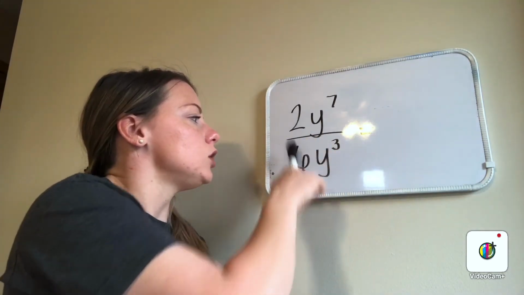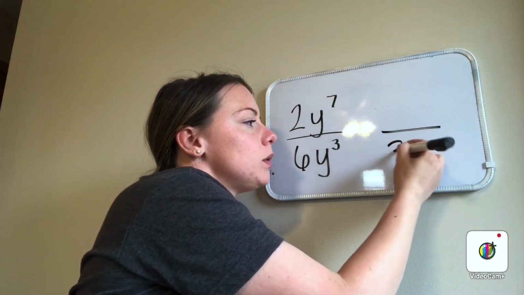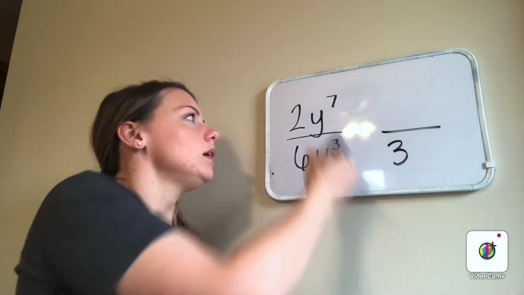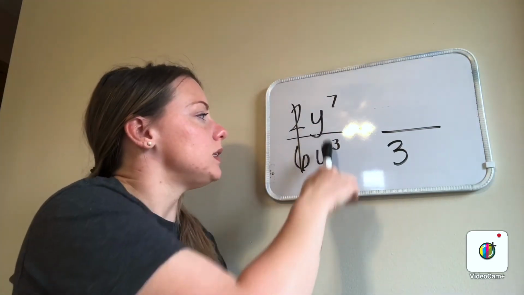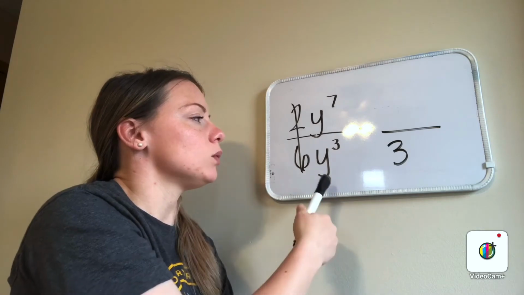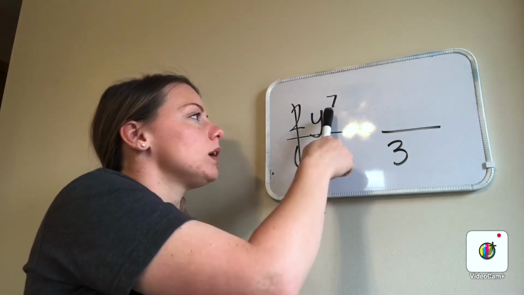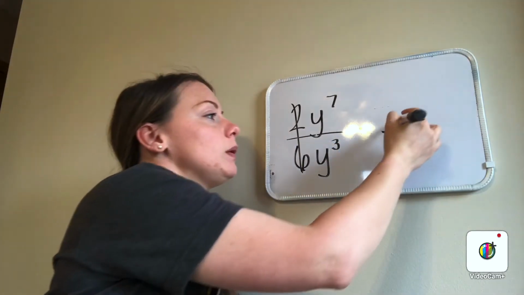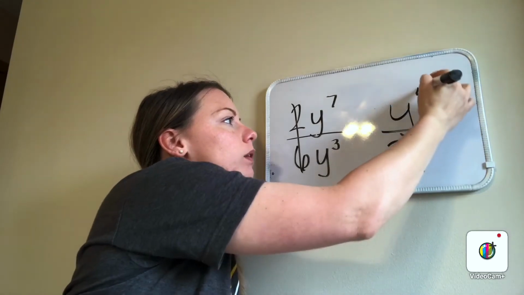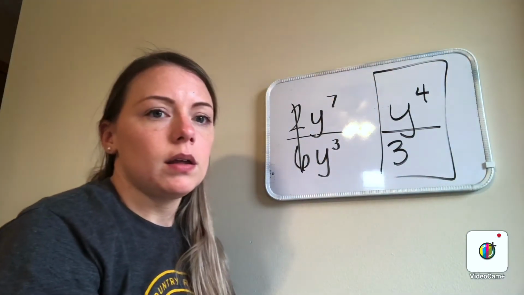So just look at 2 and 6. 6 can be divided by 2 and it would be 3, so the 3 would stay in the denominator. I've utilized my coefficients. And then my y's are the same base. This is when my rule applies, which says you keep the base wherever you have the bigger exponent, and then you subtract those exponents. So I would have y to the 4th power. There's nothing else I can do with this, so that's it.